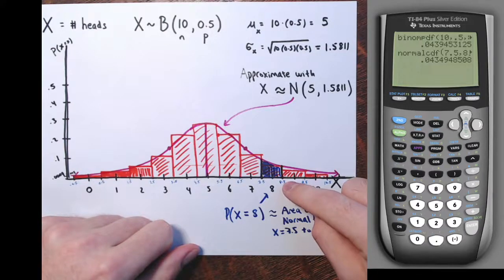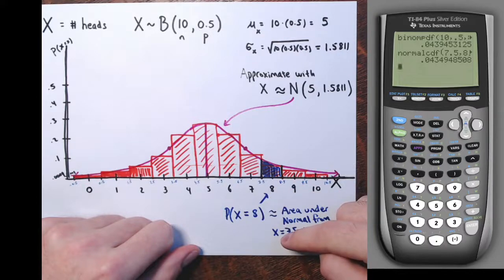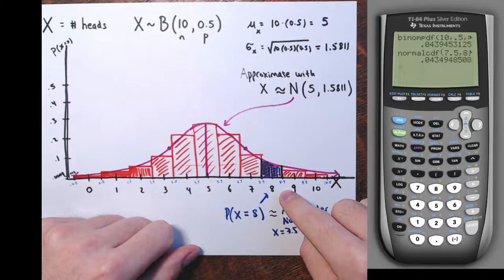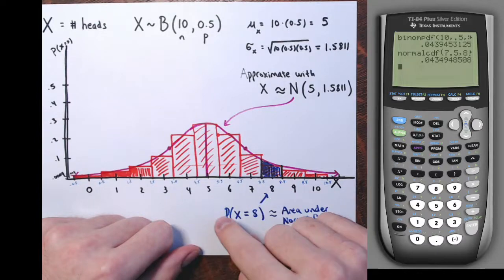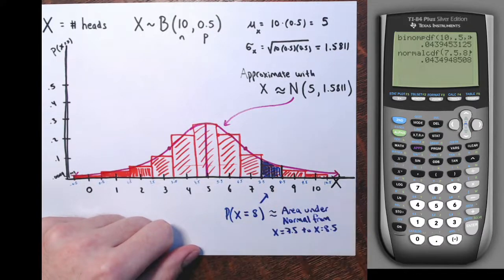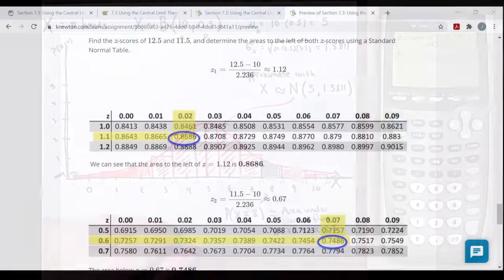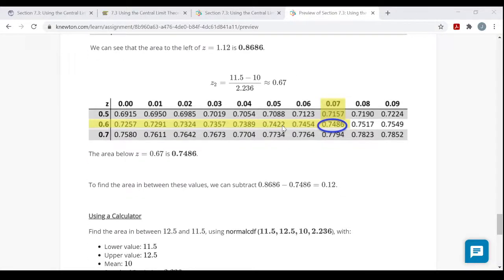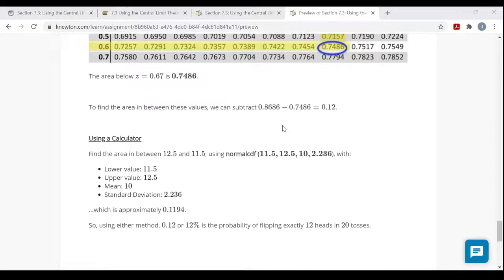And I would also then have to change 8.5 to its z-score. Then look at a table, find the area to the left of the right value, find the area to the left of the left value, and then subtract them. So it'd take a while. You can read their example here, how they're doing the probability using tables. I'm not going to be doing that. They say using a calculator, normal CDF.